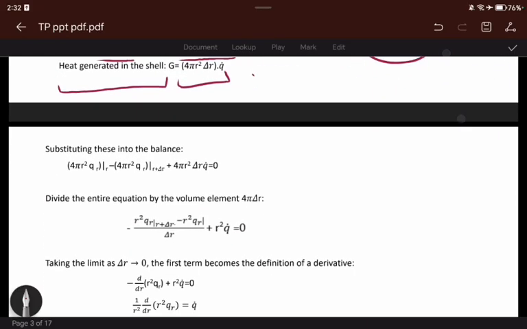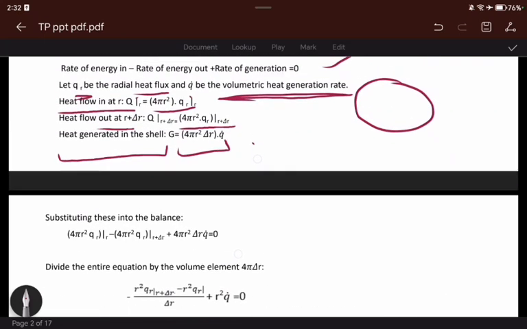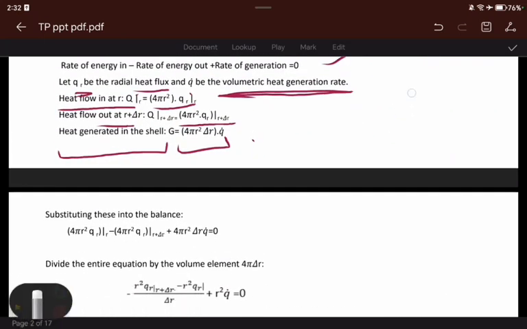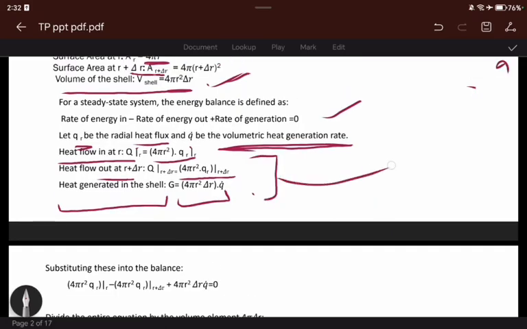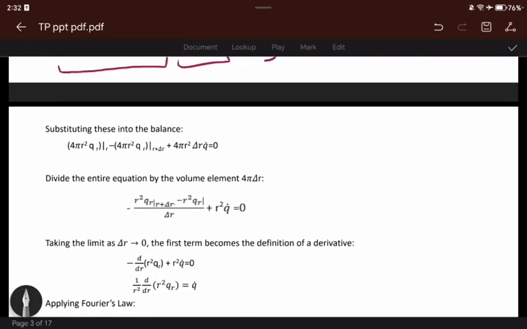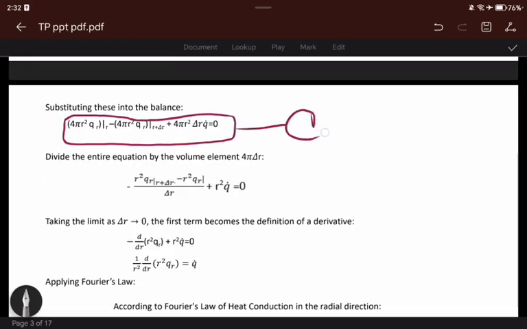So we substitute these values in our equation, and we will get our final equation: 4 pi r square q_r at r minus 4 pi r square q_r at r plus delta r plus 4 pi r square delta r into q naught equals 0.